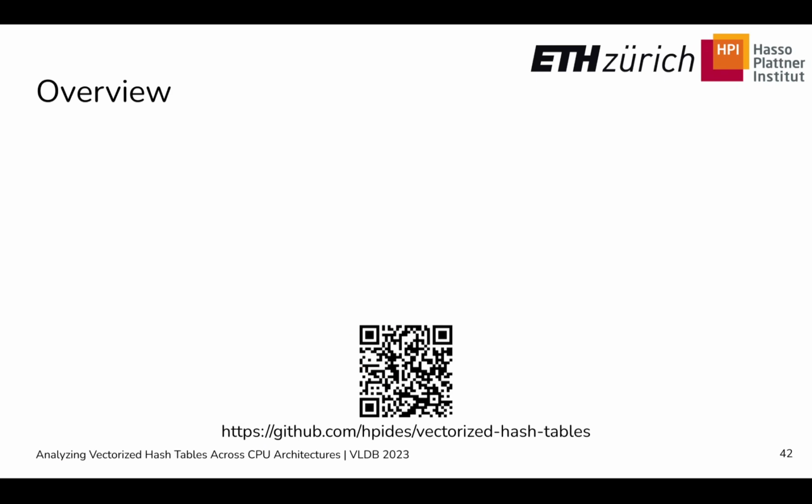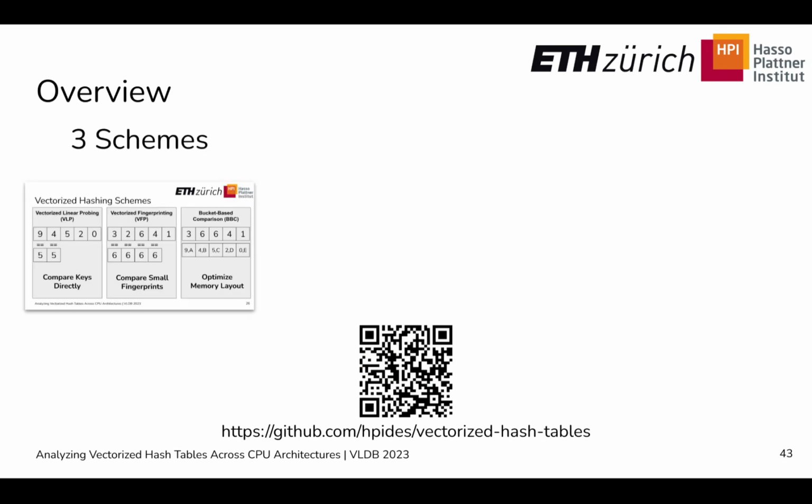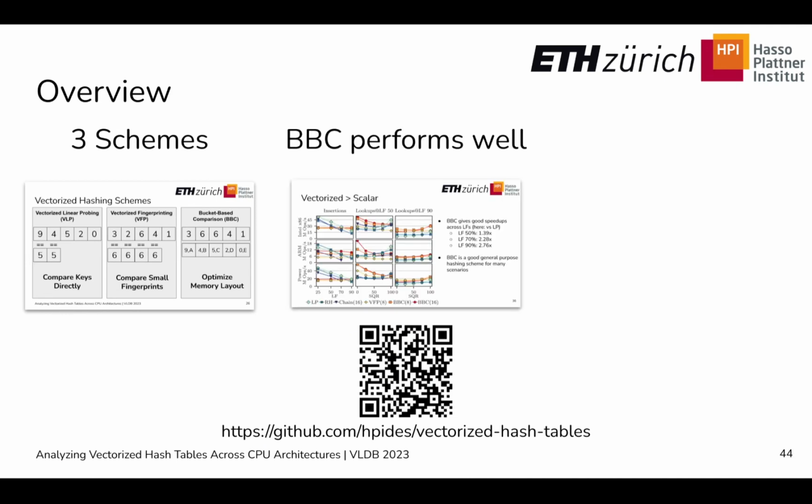To give an overview of the paper again, I introduced 3 hashing schemes to you: vectorized linear probing, vectorized fingerprinting, and bucket-based comparison. And we focused on the latter in the 2 benchmarks I presented to you. We find that BBC performs well, and there are many other things to consider, like payload size, your distribution, multi-threading, and so on.